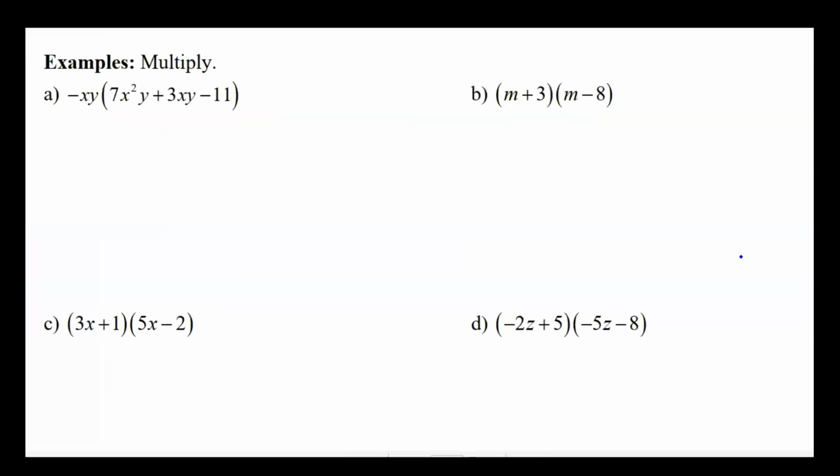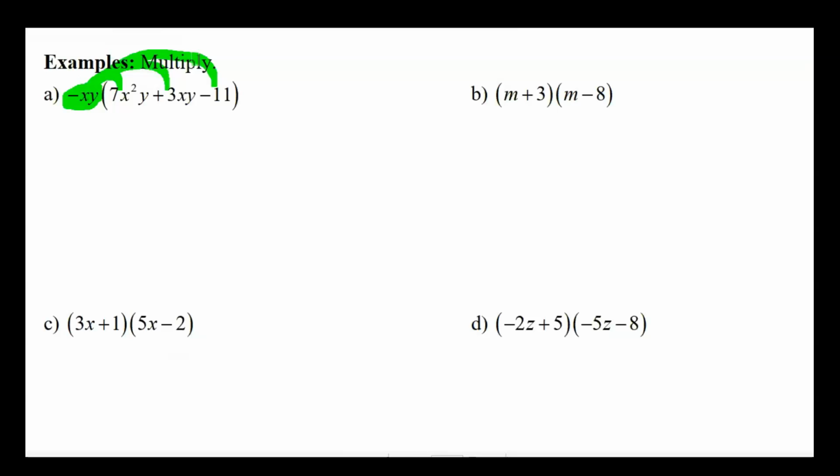Okay, so we're taking our value set. This one, notice on A, that is not an added or subtracted value, that is a multiplied value. So I'm taking this single term, because no plus or minus, and I'm going to distribute through the polynomial set of three terms.